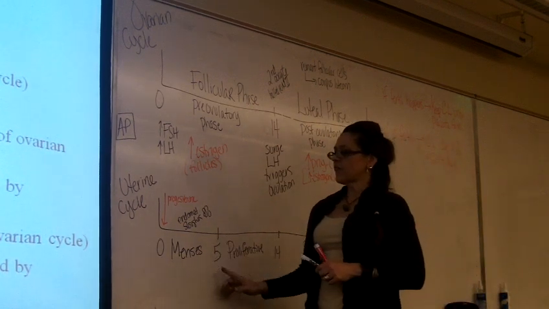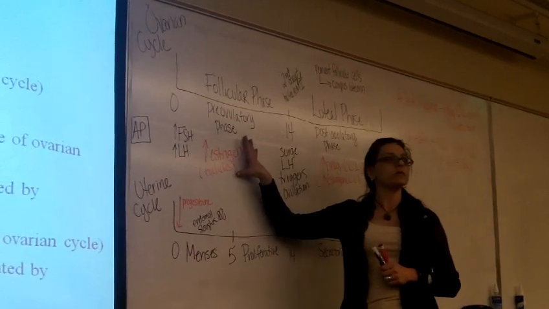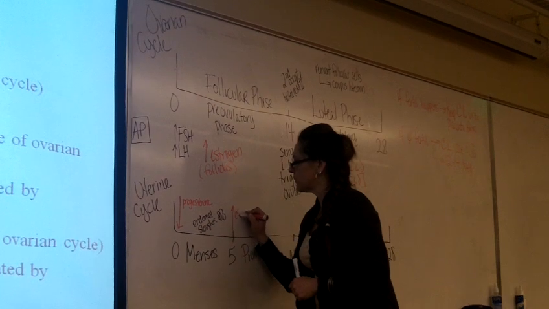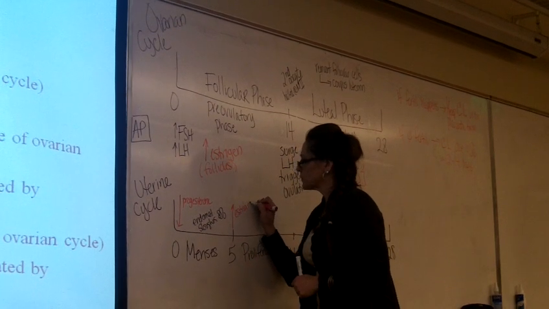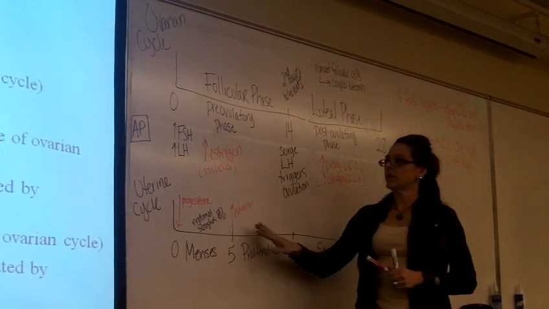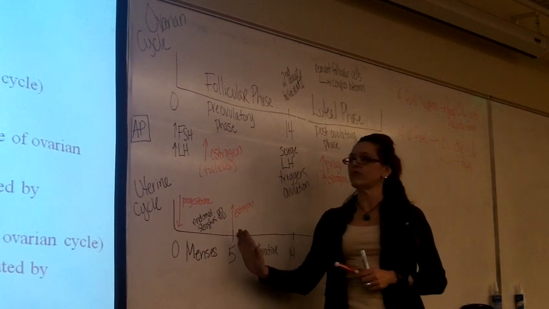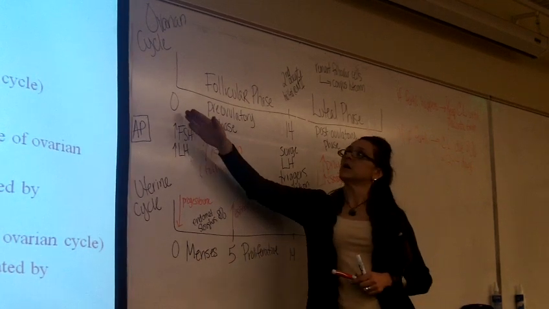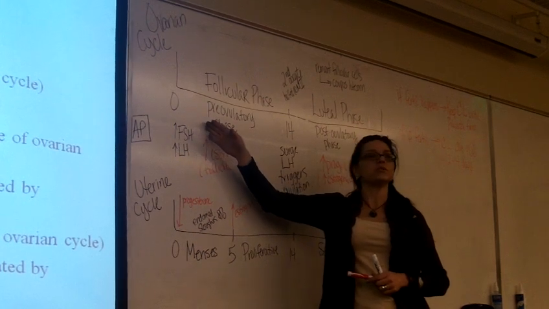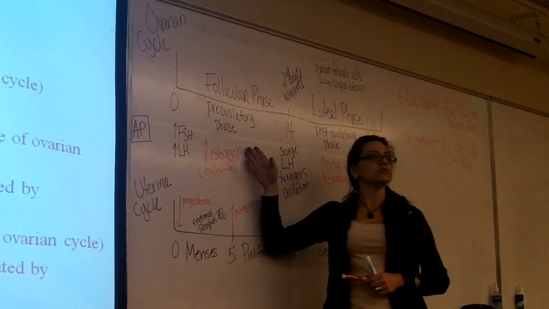Then, around day 5, estrogen levels are starting to rise. And so an increase in estrogen triggers the proliferative phase. Now again, estrogen levels are starting to get nice and high right around day 5, because on day 0 up here in the ovarian cycle, the follicles start to mature, and as they mature, they start to secrete estrogen.